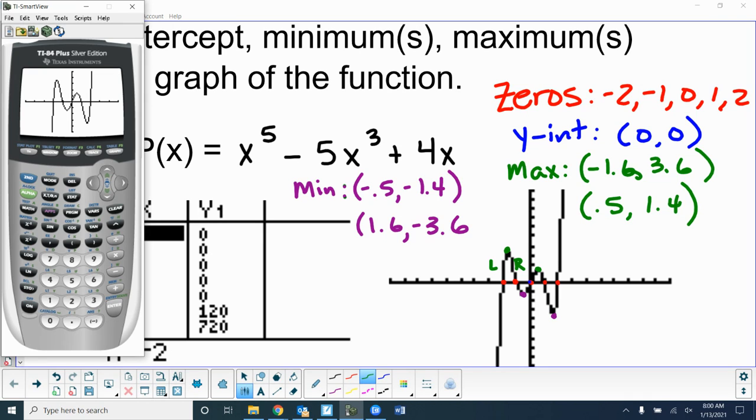But the Zoom 6 is the standard one. That's the one we use most of the time. But you can set it up however you want it to be. Your window, that's your X and Y scale and everything.